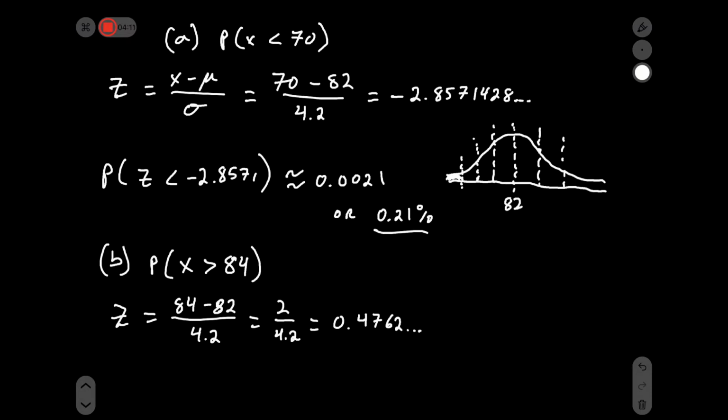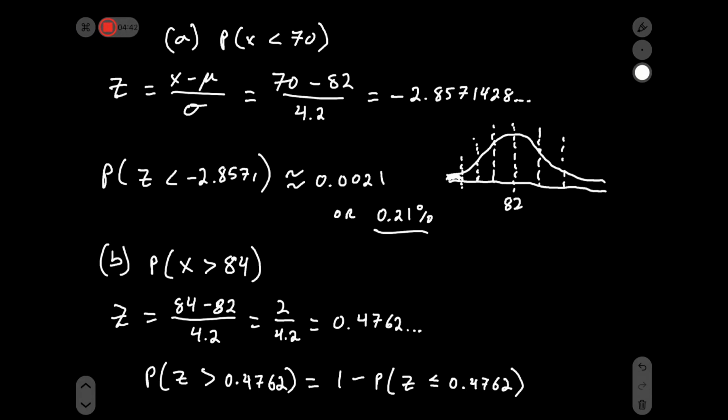One thing to keep in mind here, now we're trying to find the probability that z is greater than 0.4762, which is equal to 1 minus the probability that z is less than or equal to 0.4762.